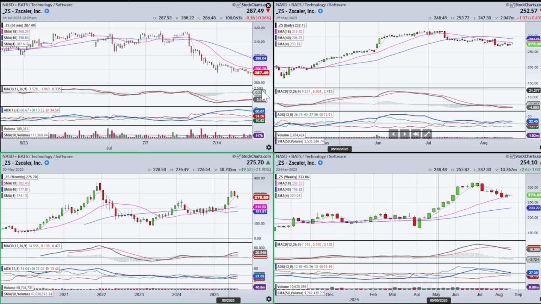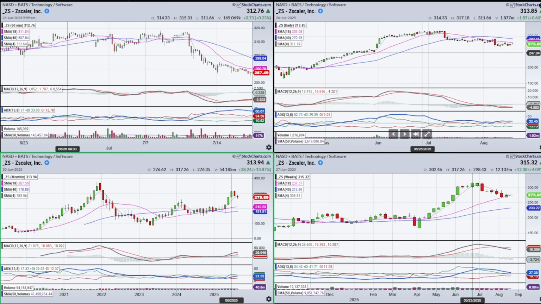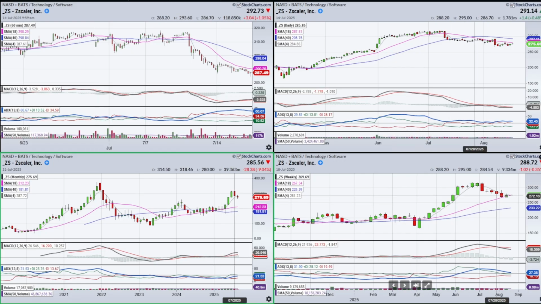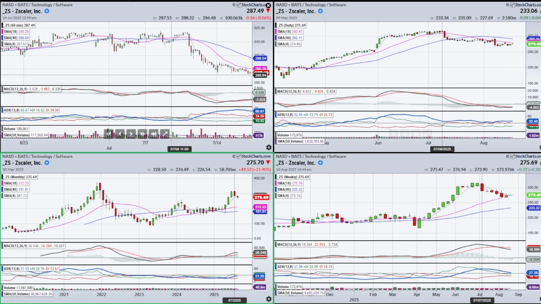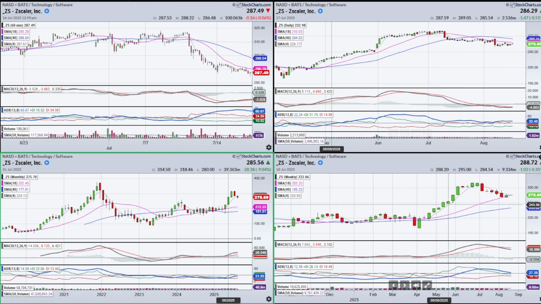But these trades, when they play out, usually are very quick. You can get a 2-to-1 or 3-to-1 risk reward pretty quickly. They tend to take place over a few days rather than a few weeks in most cases.